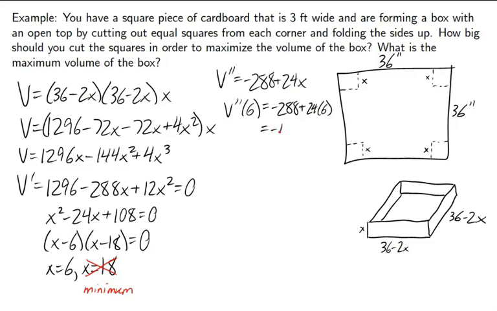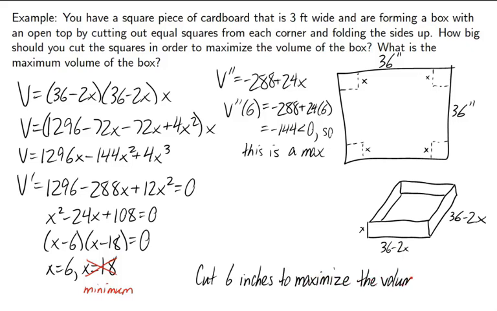I get negative 144. That's less than 0, so this is a max. Let's take a look at the question: how big should you cut the squares? 6 inches each. Cut 6 inches to maximize the volume, 3,456 inches cubed.